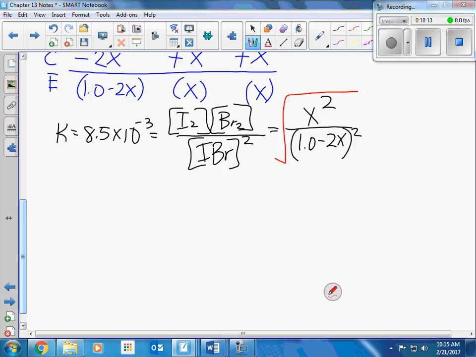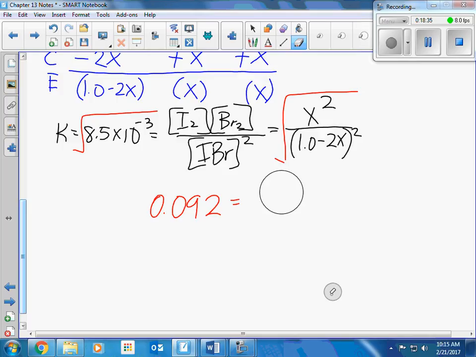So if I take the square root of this, I would take the square root of that. So what is the square root of 8.5 times 10 to the negative third? 0.092. Okay. Over x squared, no, that would just be x, right?